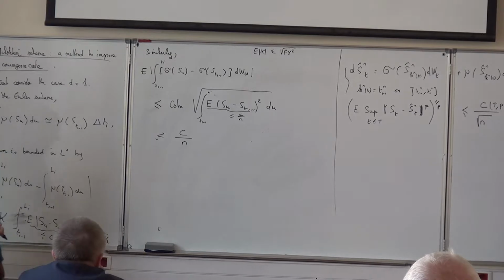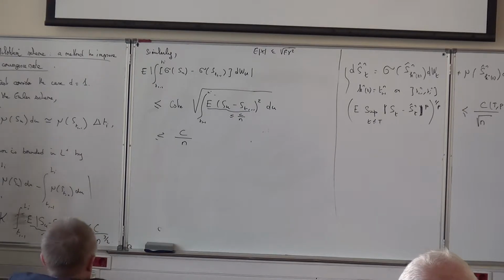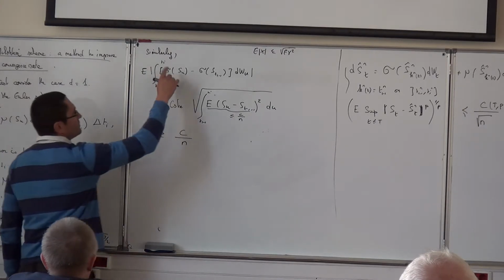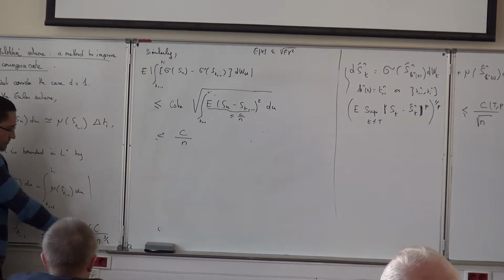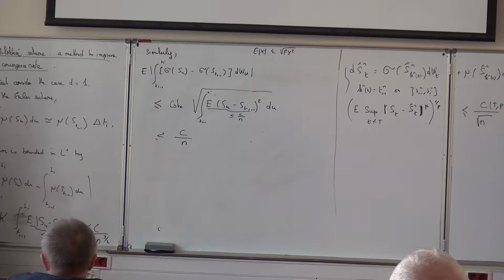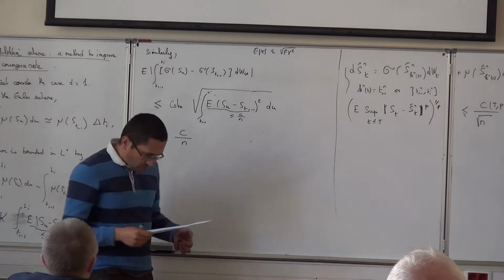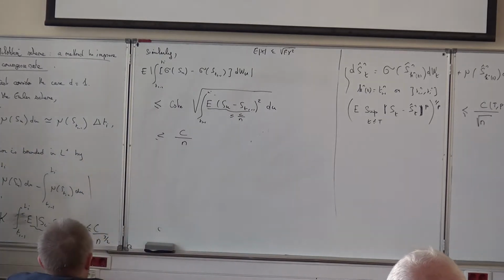So clearly, if you want to improve the convergence of your scheme, it's preferable to focus on this term instead of this one, because here the error is less. Okay? So this is what we propose in this Milstein scheme.